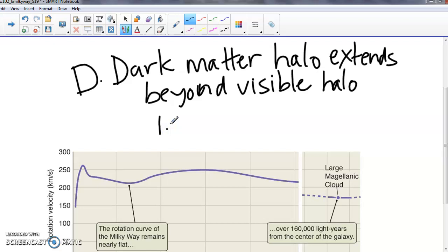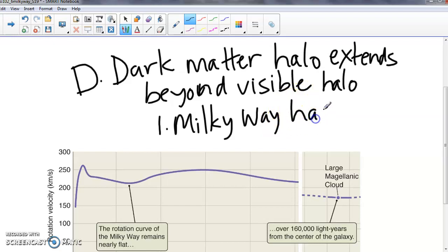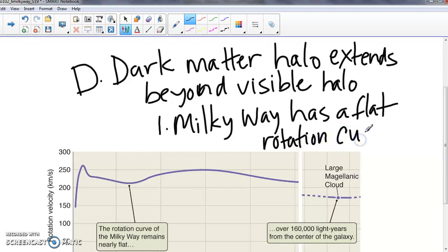Okay? And how do we know this? Because this is a plot of our rotation curve, that the Milky Way has a flat rotation curve. And we saw this in the lecture tutorial that you all completed. That means there is something out there that has mass, because if it has mass, it has gravity.